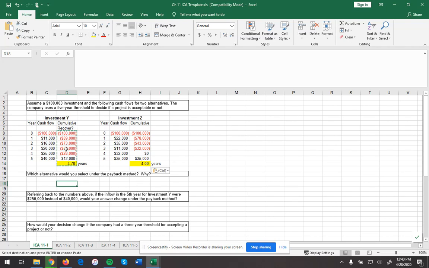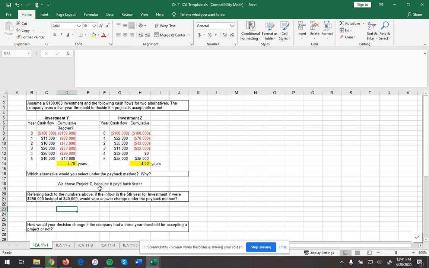If we have to choose between Y or Z, we choose project Z because it pays back faster. Z only takes 4 years, whereas Y takes 4.7 years.